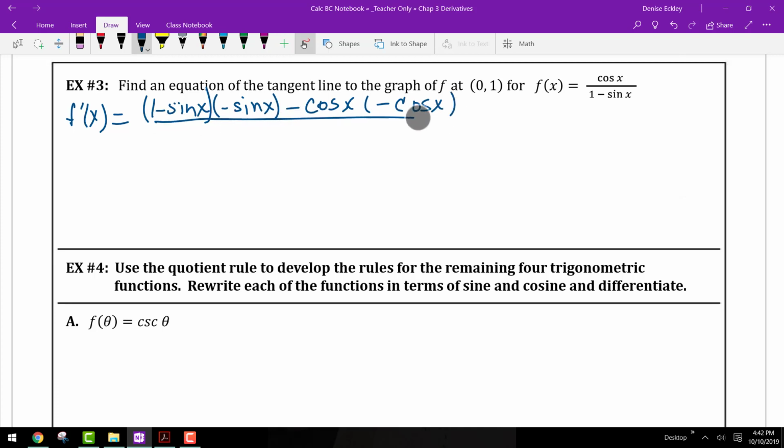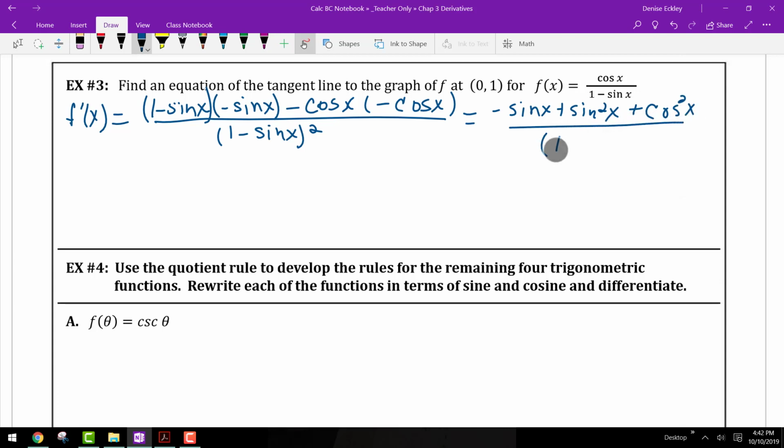And this is all over 1 minus sine x squared. So multiplying some things out, I get negative sine x plus sine squared x plus cosine squared x all over 1 minus sine x squared.